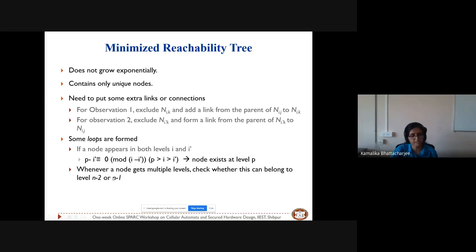Another advantage that we can find is, whenever a node is getting multiple levels, whenever one loop is generated, we can directly check whether this node can belong to the special levels, like n-2 or n-1 for the tree neighborhood condition.